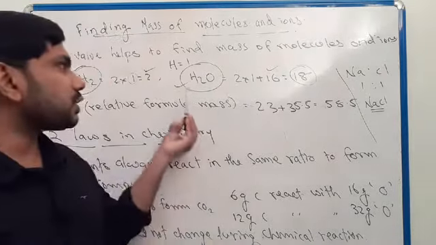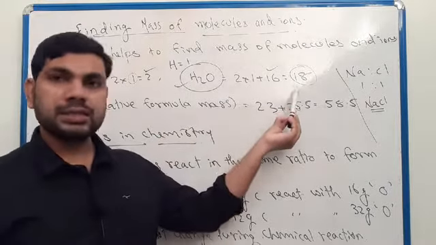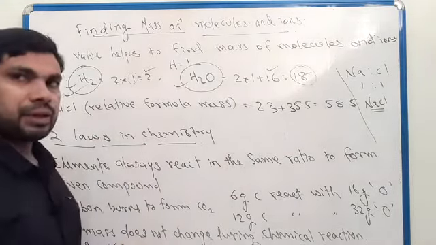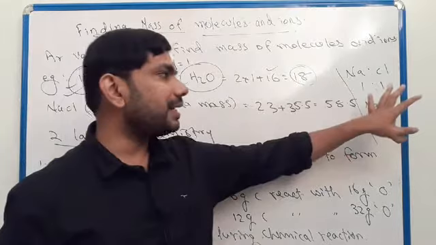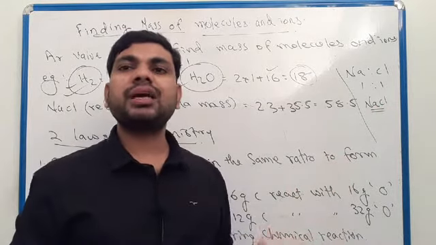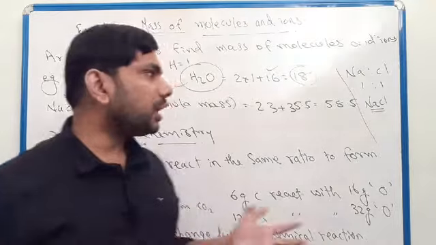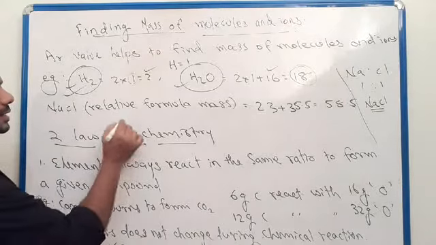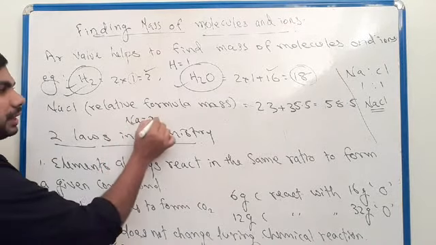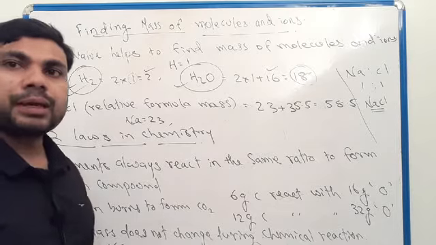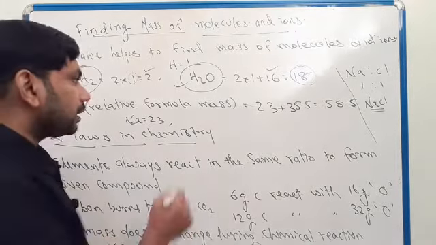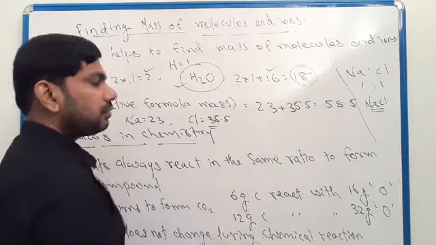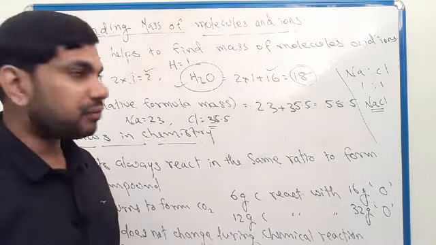So the mass of H2O is the molecular mass. Here in sodium chloride, NaCl, it is not a molecular formula, it is just a formula, so we say relative formula mass. The mass of NaCl you can find here. Relative atomic mass of sodium is 23. Relative atomic mass of chlorine is 35.5.